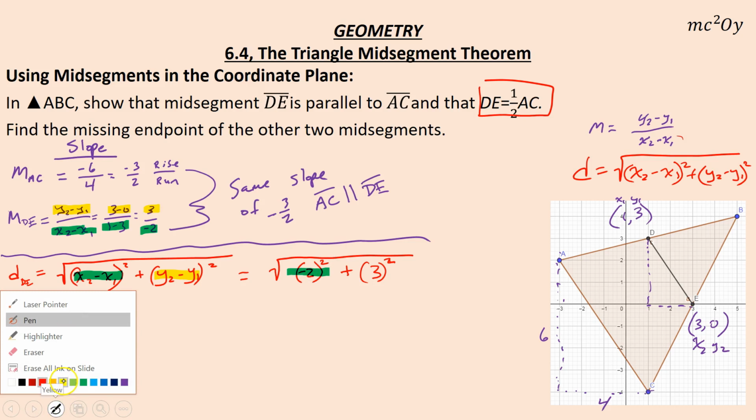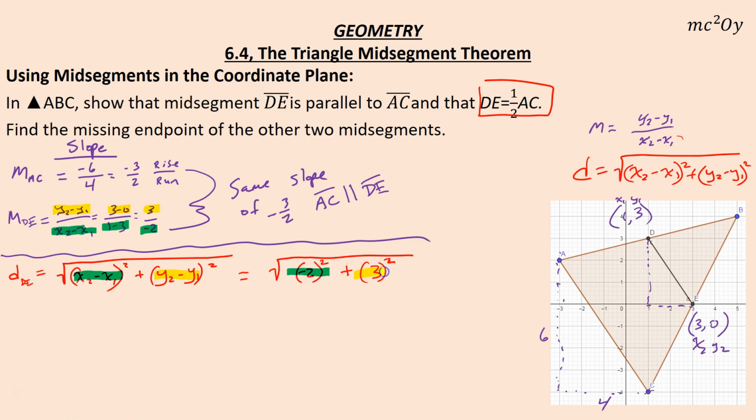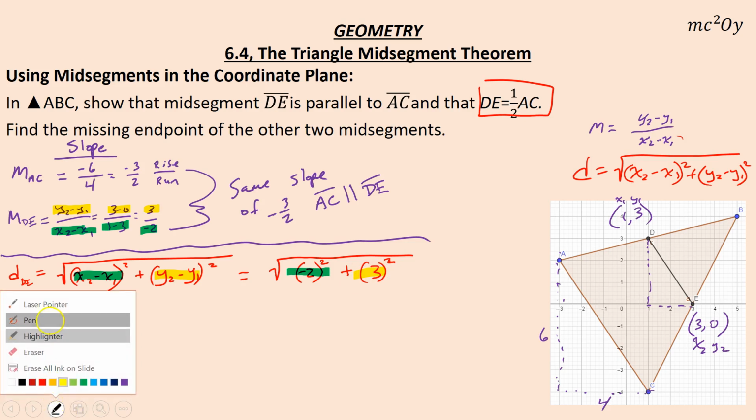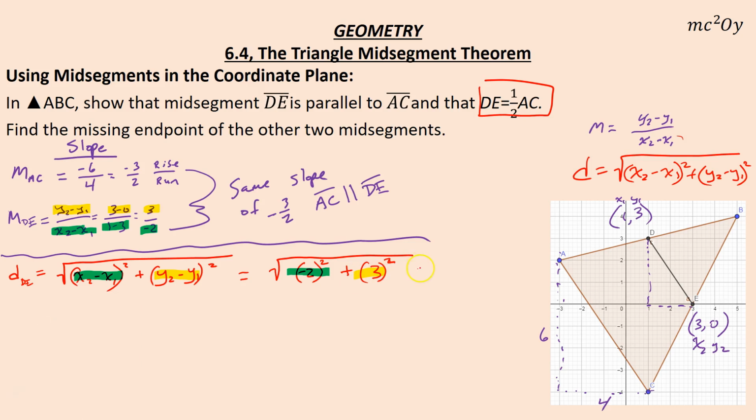Okay, and so let me grab that color again. We'll highlight this. So really, that's kind of a quick route. I know it took me a little longer, but if you're using points, that's a nice route to go. And calculating that, you get 4, negative times negative is positive, plus 9, which is root 13.